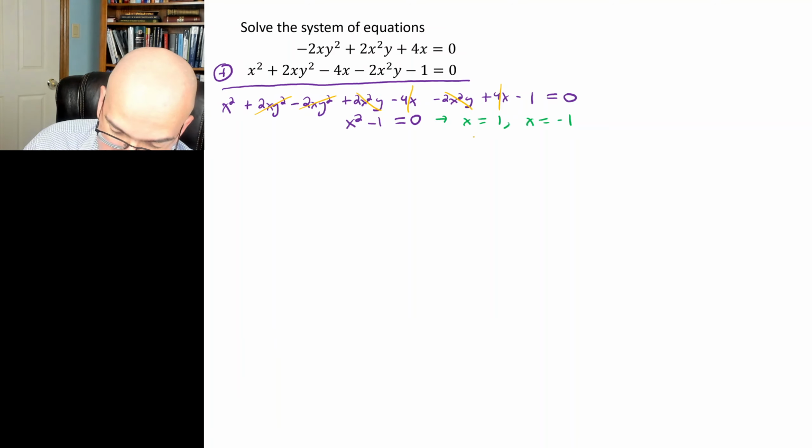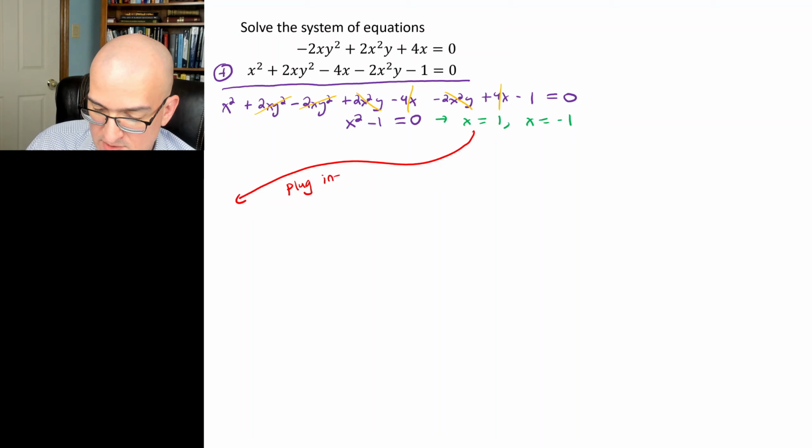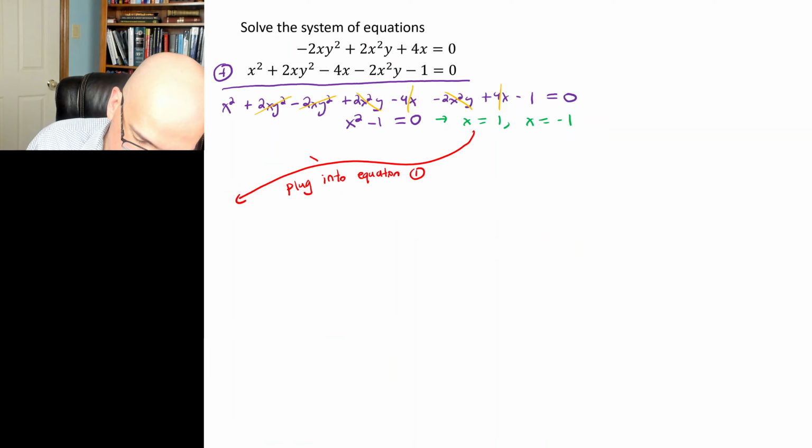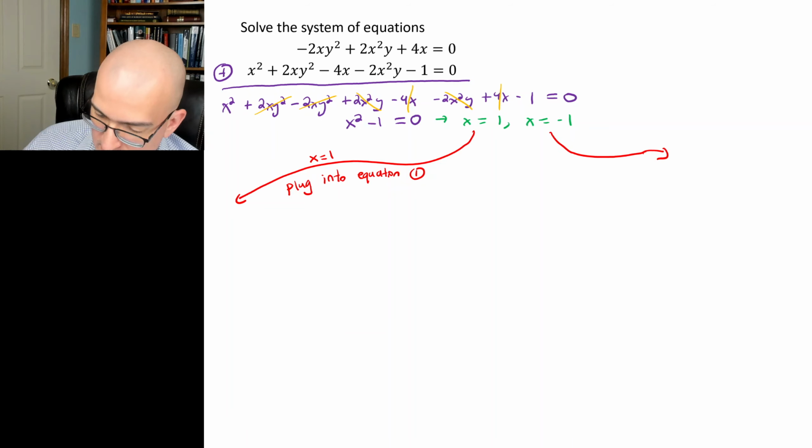So I'm going to take this first value and plug it in for x. I'm going to plug it into the first equation only because it has fewer terms. And then we'll do the same thing for this guy. This is x is equal to negative 1. We'll plug that one into equation 1.